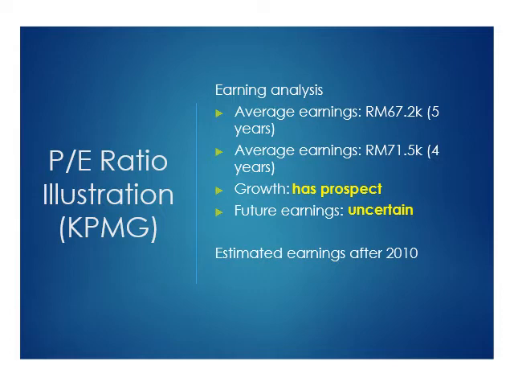For estimated earnings after 2010, it could be high at 75,000 and above by looking at the growth prospect and the last known earnings in 2010. It could also be lower at 71,500, the average of the past 4 years. We exclude earnings in 2006 since it is way out of the range of earnings in the last 4 years.